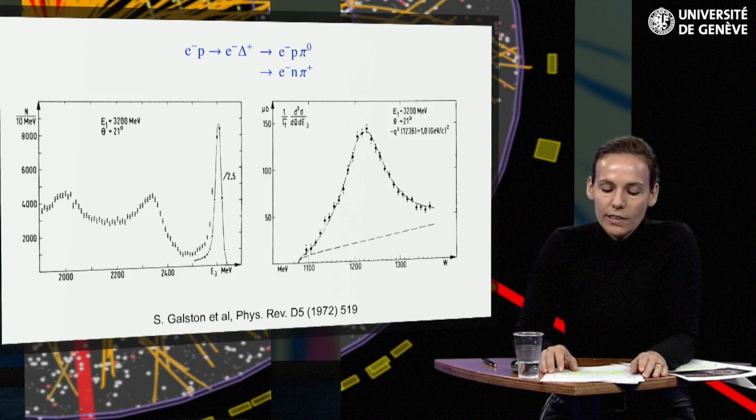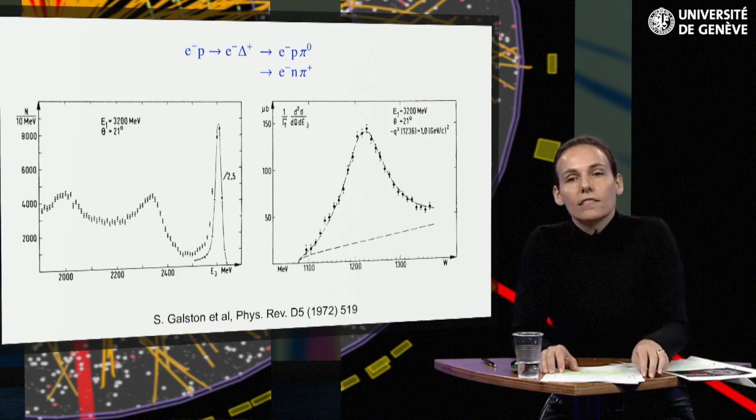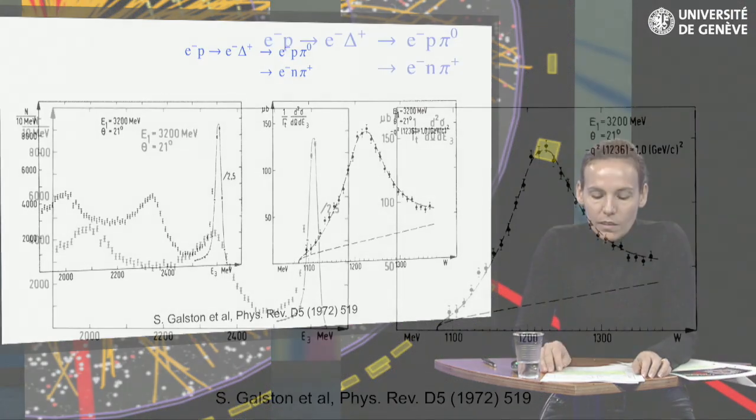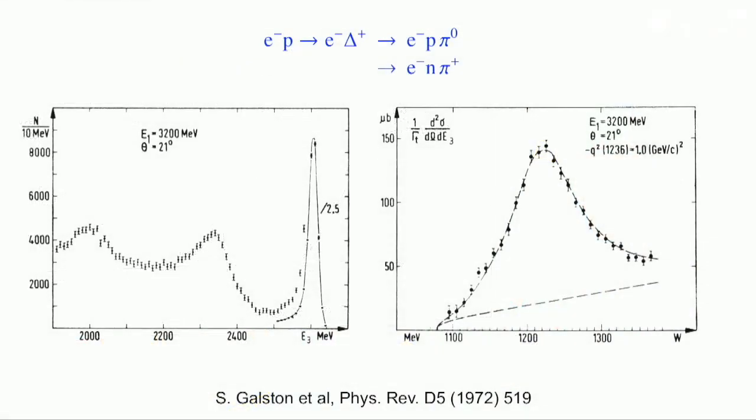The figure shows the result of an electron-proton scattering experiment at an energy of about 3 GeV and at fixed scattering angle. The inelasticity of the reaction is first visible in the energy distribution of the outgoing electron on the left, which is no longer fixed as in the elastic case.